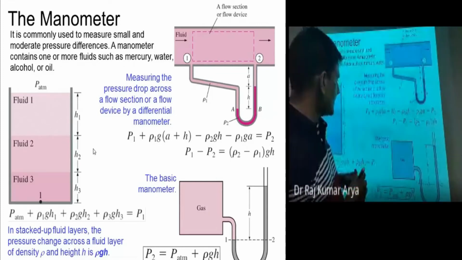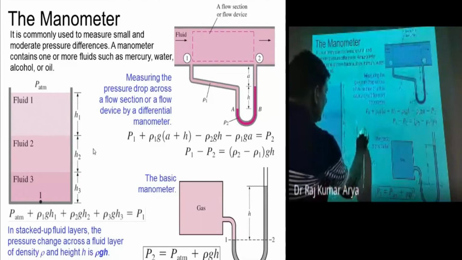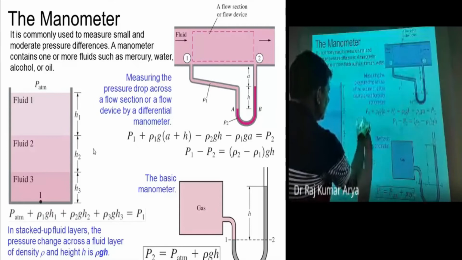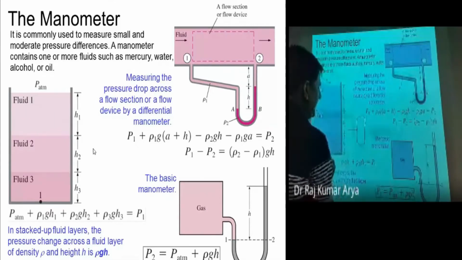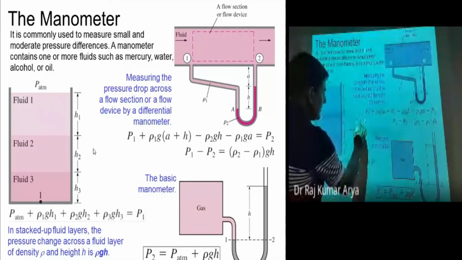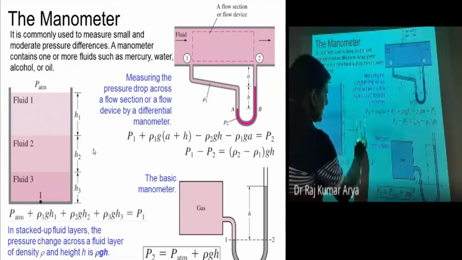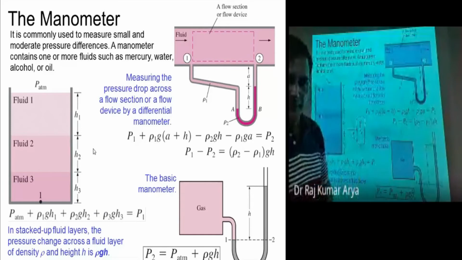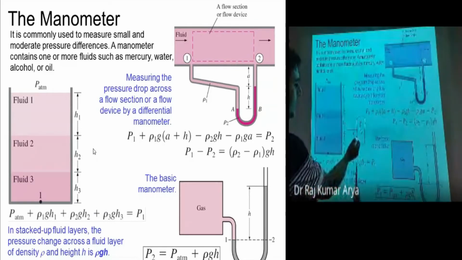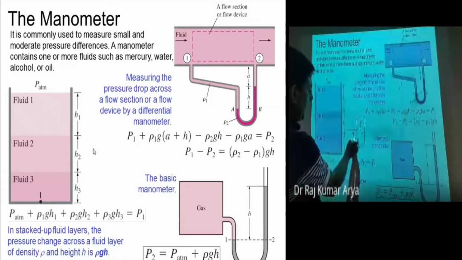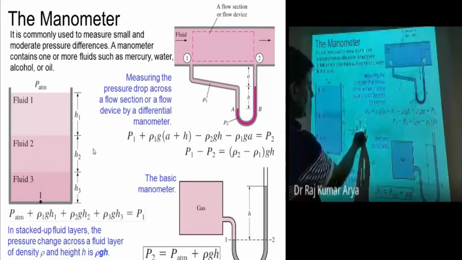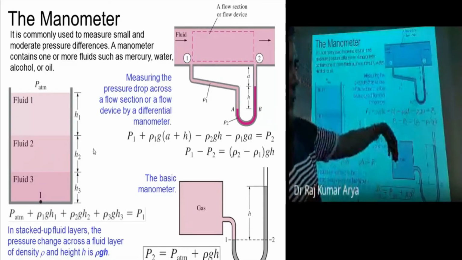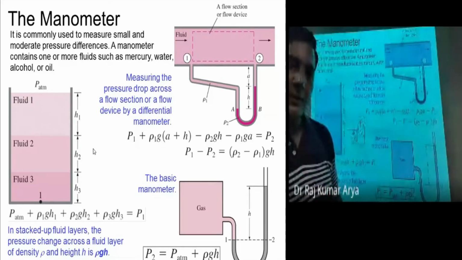Second, in the case of a reactor, you have a vessel and a pipeline. The vessel has some pressure, say P vessel, and in the pipeline you have P pipeline. If the pressure in the pipeline is less than the pressure in the vessel, this fluid will not go into the vessel.